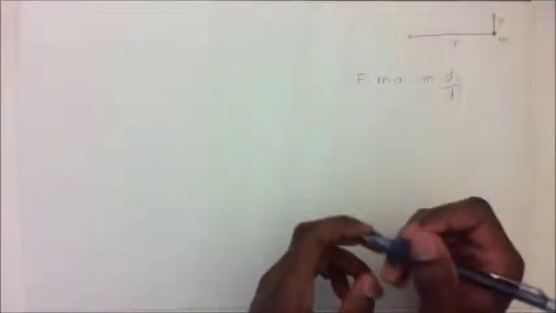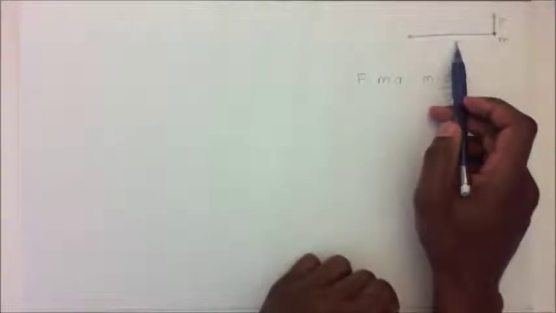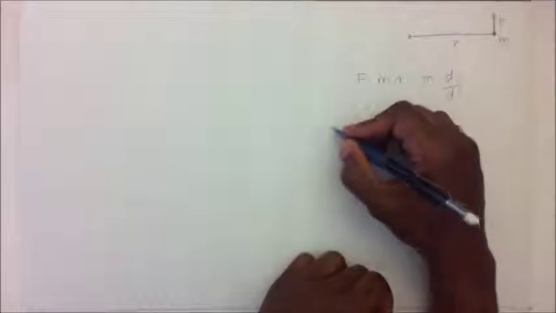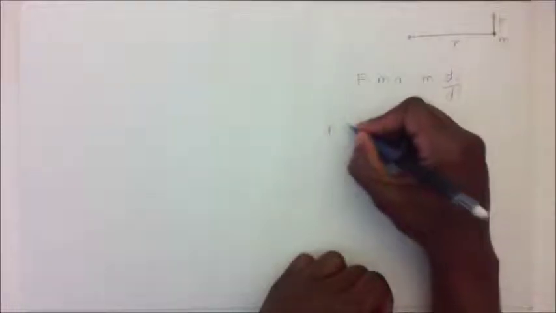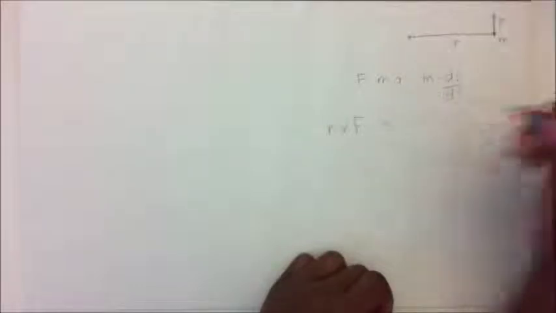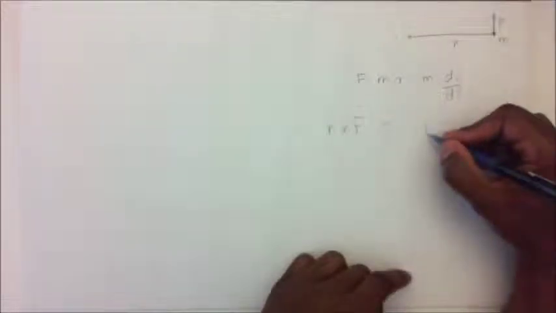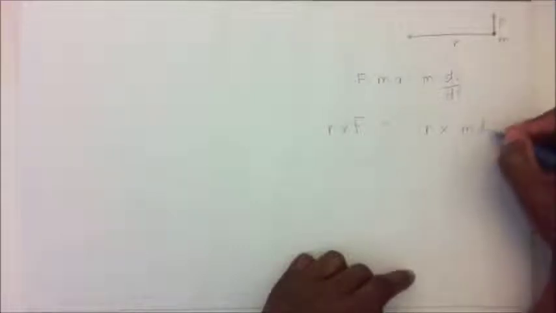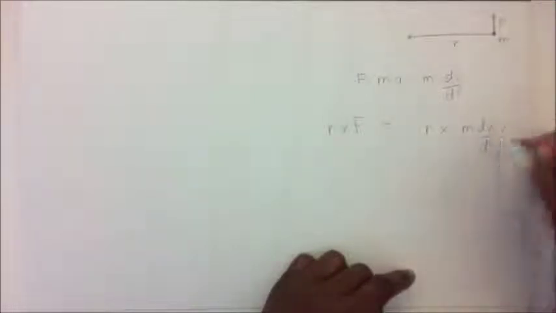Now, if I want to find the torque, I'm going to cross multiply that force by the lever arm. So r cross F is equal to r cross m dV over dt.